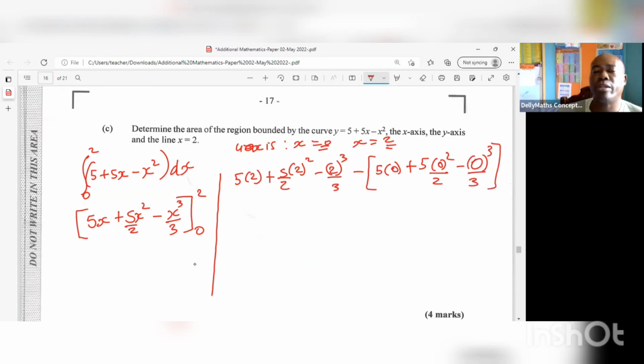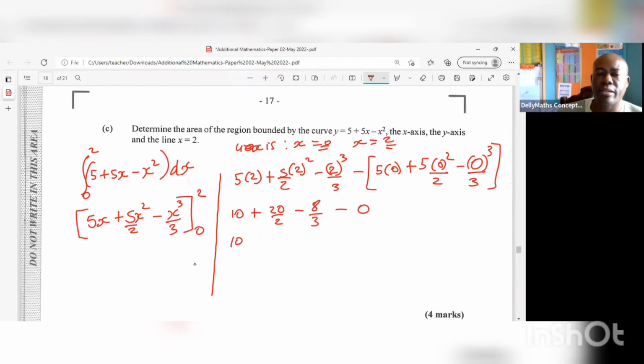So basically what we're going to do is put this together. 5 times 2 is 10. For this part, 2 squared is 4, times 5 is 20 over 2. And for the back part, I'll have 8 over 3. All of the terms with 0 are 0.